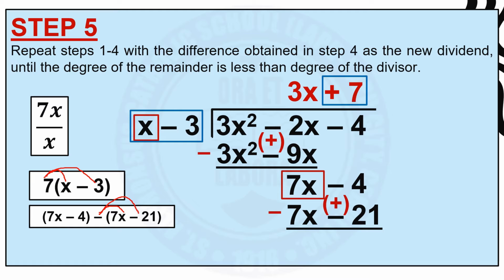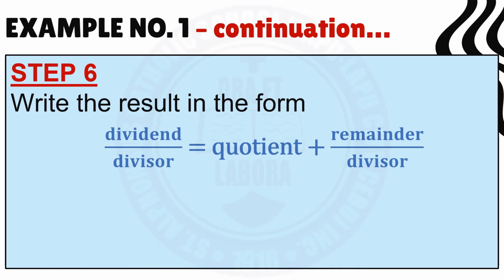Negative 4 plus 21 gives you 17. And 17 here is our remainder. Step 6. We have to write the result in the form of, so we have this given: dividend over divisor is equal to the quotient plus remainder over divisor.